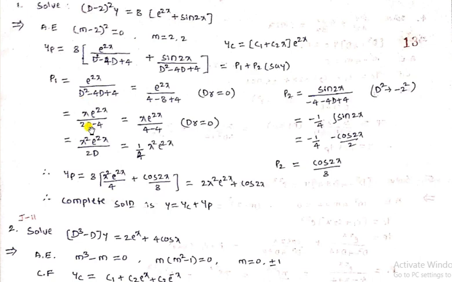So D square becomes 2D, minus 4D is minus 4, and multiply by x. Then again replace D by the coefficient of x as 2. So 4 minus 4, again the denominator is 0. So once again differentiate 2D minus 4 and multiply by x.